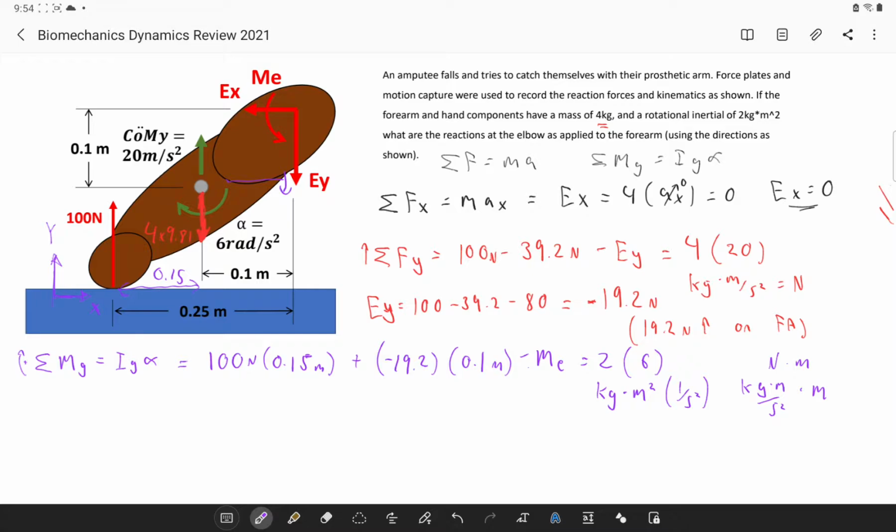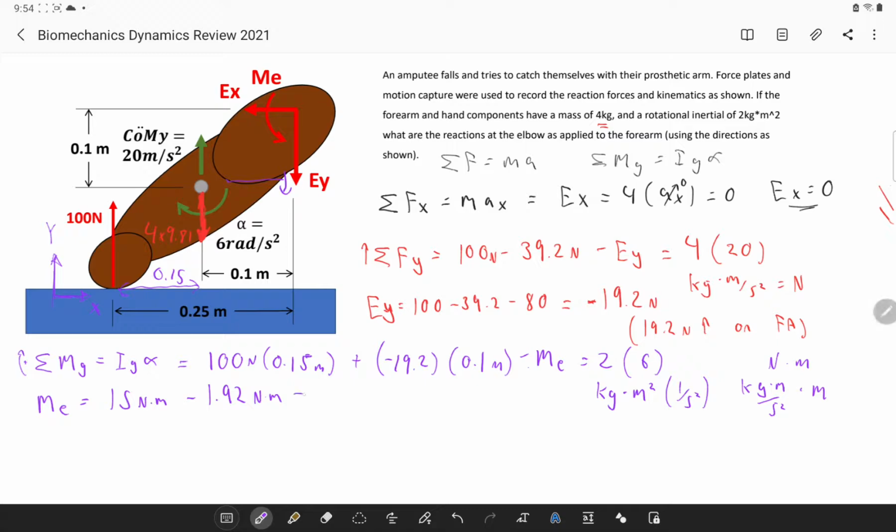All right, now we just need to plug and chug, right? So we have our ME equal to 100 times 0.15, that'll give us 15. We have 0.1 times negative 19.2, so that'll be negative 1.92. We have our 2 times 6, so that'll be 12.